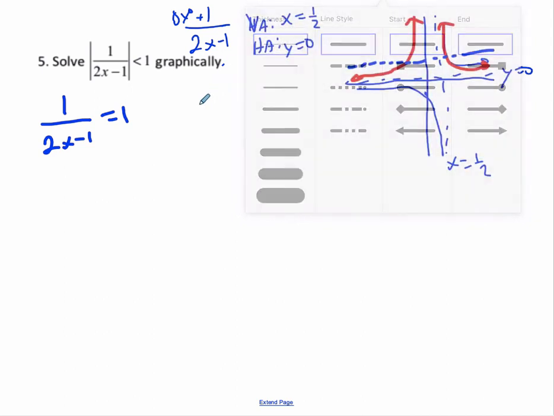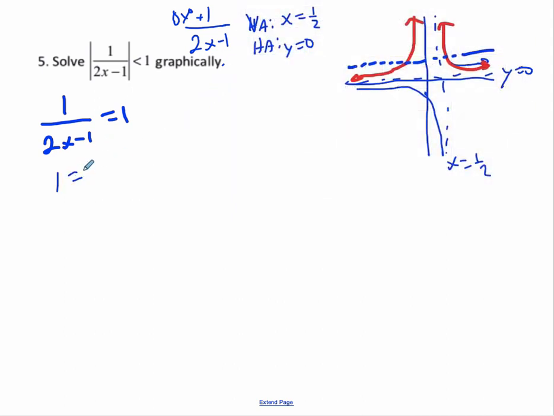Solving that equals 1, we have 1 equals 2x minus 1, 2 equals 2x, so x equals 1. So at this point, x equals 1, and y equals 1. And over here, because of the symmetry of the graph, this is negative 1, 1.